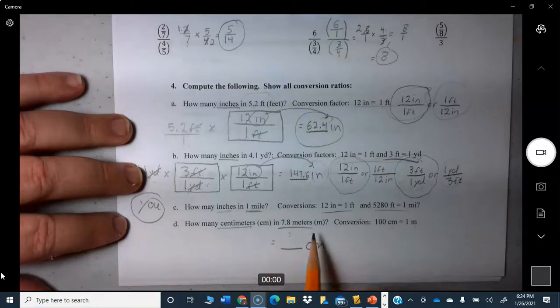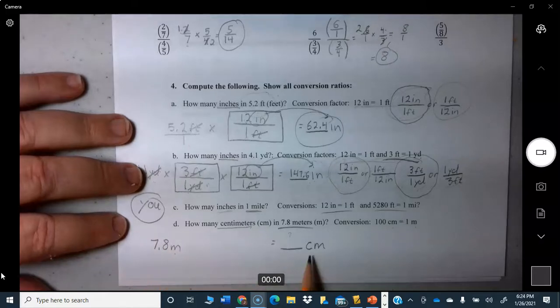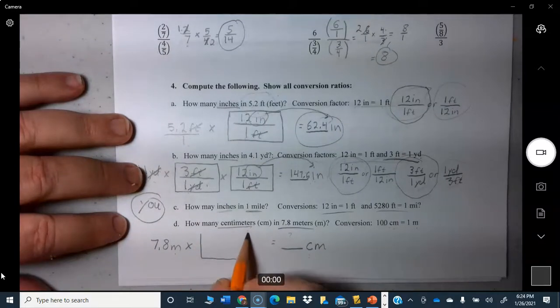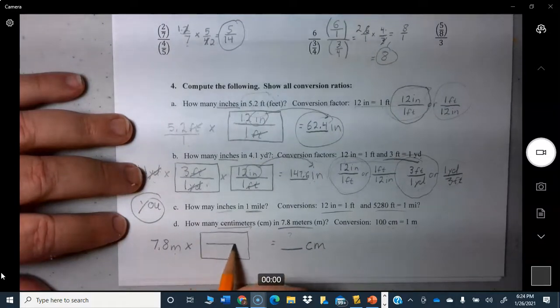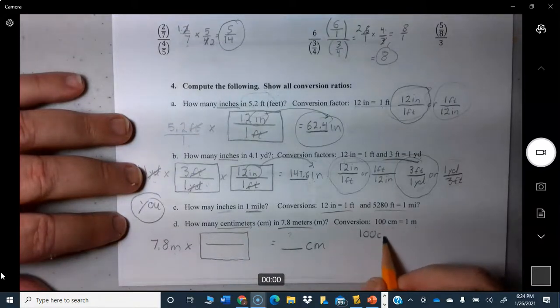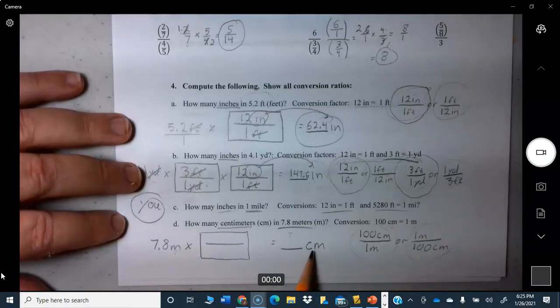You start off with 7.8 meters. That's over here. And meters to centimeters is a single conversion. We have it right there. So all you have to do, just draw one box. Okay, so again, we have two possible ratios. So you have these two to choose from. You want meters to cancel out and centimeters to appear on the top for the final answer.